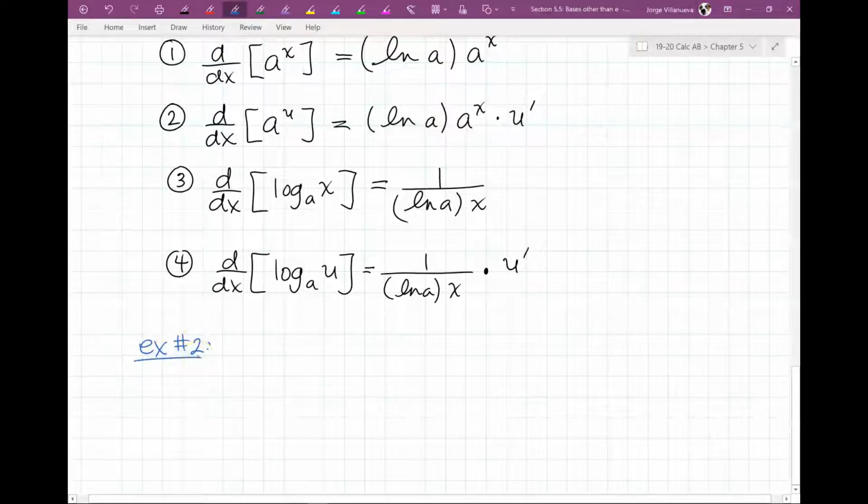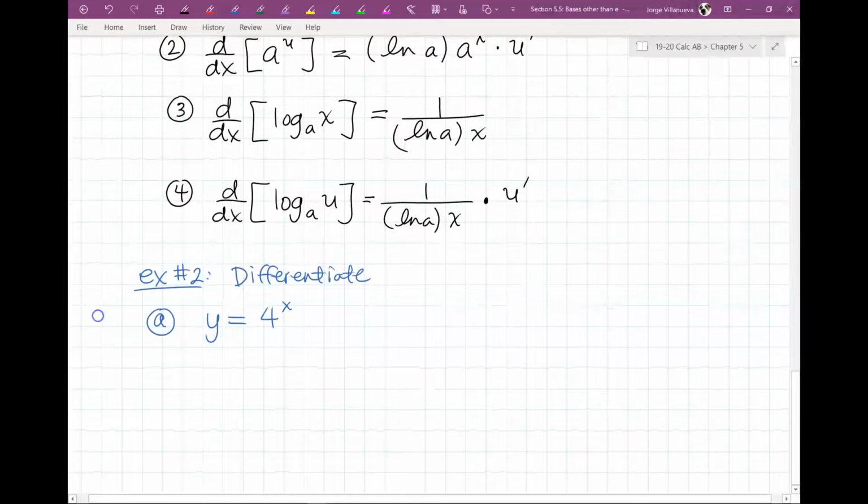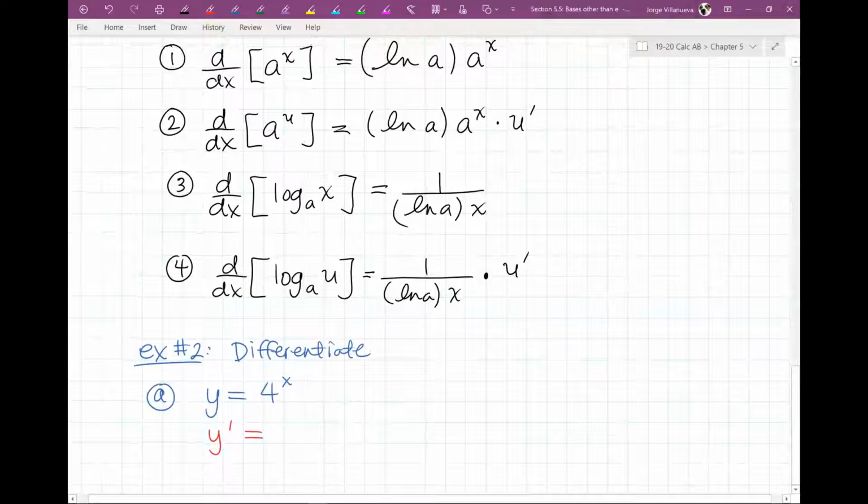So for example 2, we're just going to differentiate. Let's take a derivative of y equals 4 to the x. According to the definition, if it's just an a to the x problem, you write ln of a times a to the x.